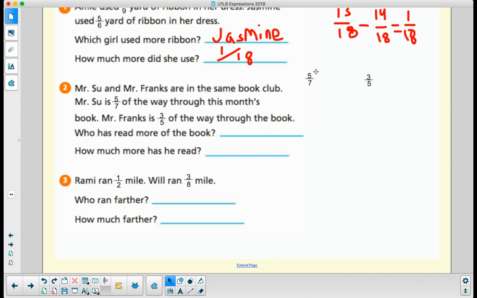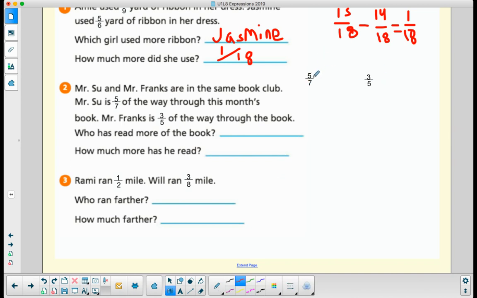They do not have common denominators, and do not have common numerators. 3/5 is a little more than half because half of 5 is 2.5, so 3 is a little bit more. 5/7 is a little more than half because half of 7 is 3.5. So I can't use benchmarks to figure out which is greater.